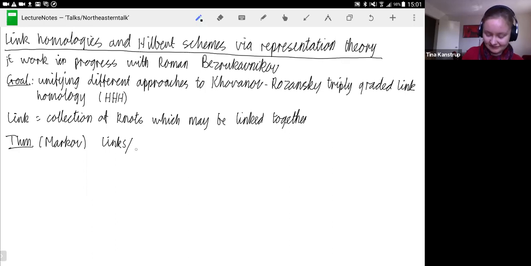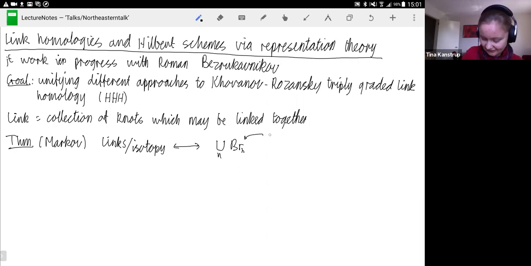So I'll have to take links up to isotopy. And this is equivalent to taking braids with n strands, or any collection of n strands.